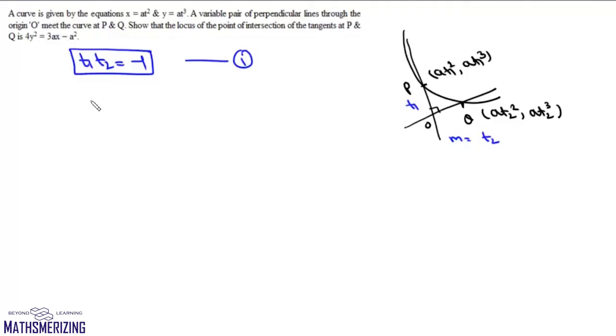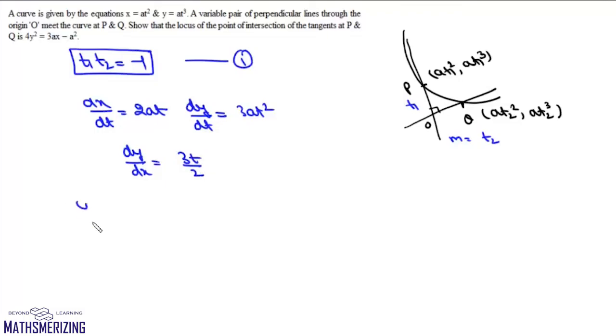Now we'll find dy by dx. dx upon dt is 2at, and dy upon dt is 3at square. So we can write dy by dx is 3t by 2.